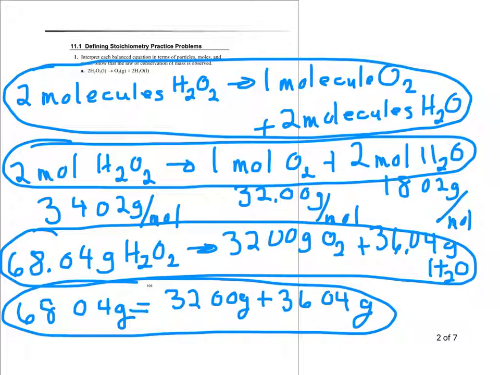Next question, same thing. It's another decomposition reaction. This time we have carbonic acid breaking down to form liquid water and carbon dioxide gas. This would be the reaction that generates the bubbles in soda pop.